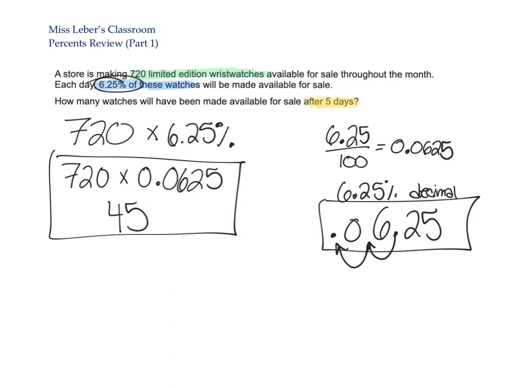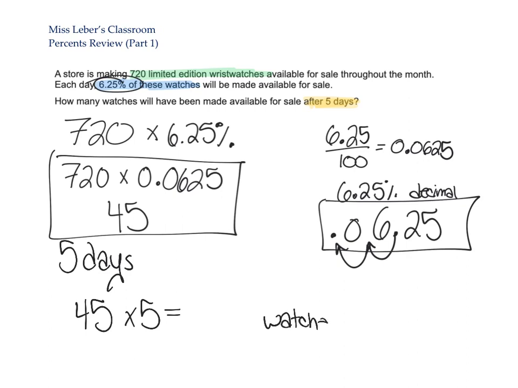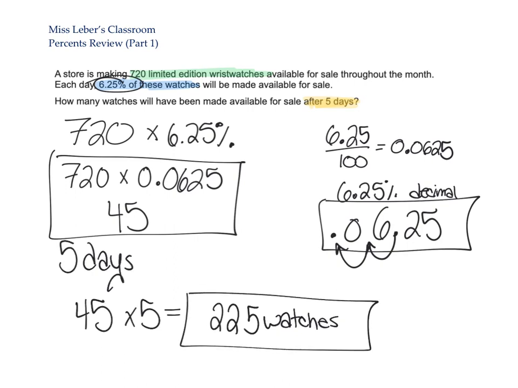So I would need to take the 45 times 5, and put my label on there: 5 times 5 is 25, carry the 5, 225 watches, and that's for 5 days. The 45 would just be for one day.